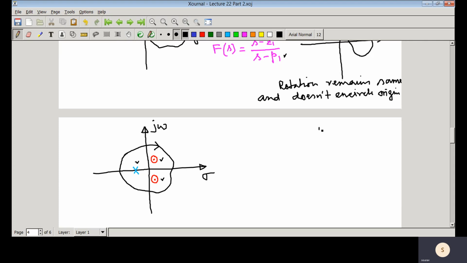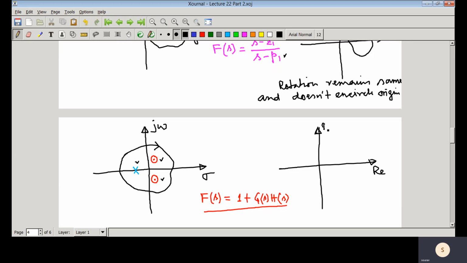Whenever that is plus 360, we can see that the function, suppose we have taken the function F(s) equal to 1 plus G(s)H(s). This is the rational function. Here you have the real and imaginary axes of F(s), so this is the F(s) plane.